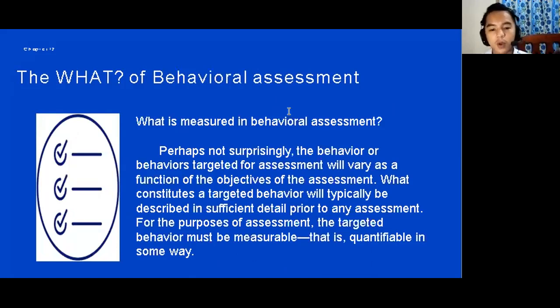So what contributes to a targeted behavior will typically be described in sufficient detail prior to any assessment. So for the purpose of assessment, the targeted behavior must be measurable, that is quantifiable in some way.